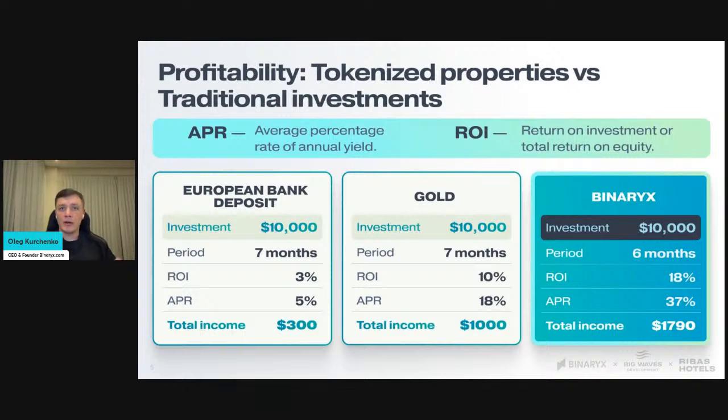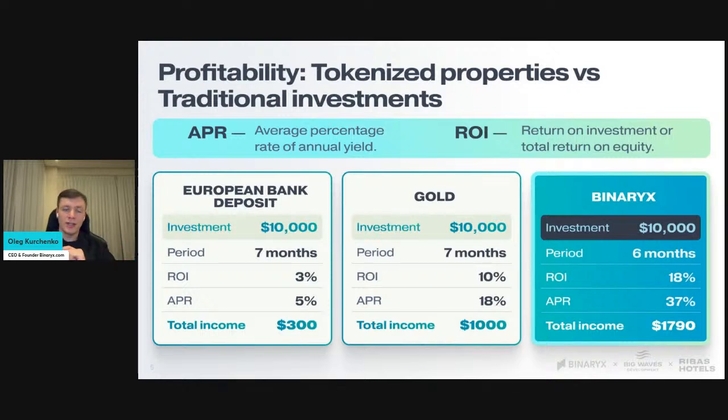But if you compare investments with Binaryx to investments with other traditional methods, Binaryx can give you more profitability, because the ROI and APR are much higher than in traditional bank deposits or deposits with gold.